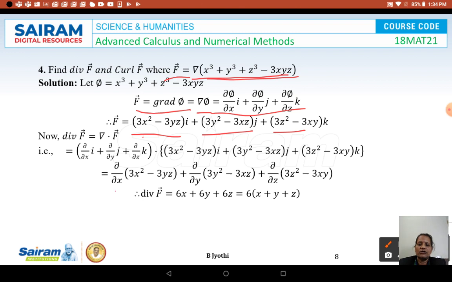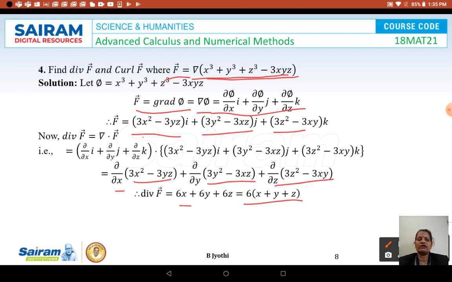That gives us dou by dou x of (3x squared minus 3yz), dou by dou y of (3y squared minus 3xz), and dou by dou z of (3z squared minus 3xy). Therefore, div f is given by 6x plus 6y plus 6z, that is 6 times (x plus y plus z). This is given by div f.